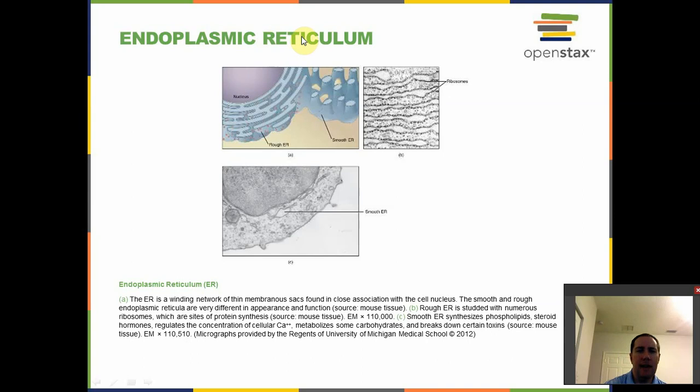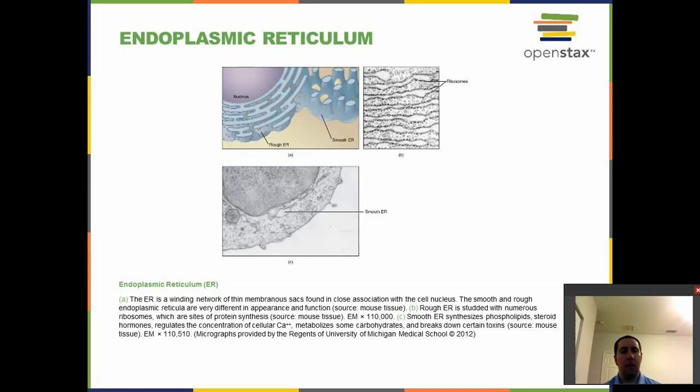Now you can see, particularly in the diagram here, that the ER continues further out from the nucleus. The rough ER is right next to the nucleus. As it continues out, away from it, the ribosomes stop. This is where the smooth ER is. It's the same structure as the rough ER, but since there's no little dots on it, we call it the smooth ER and not the rough ER.